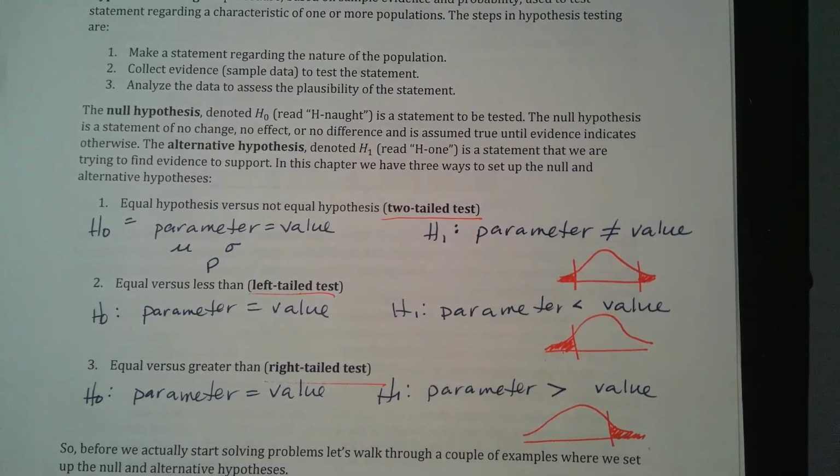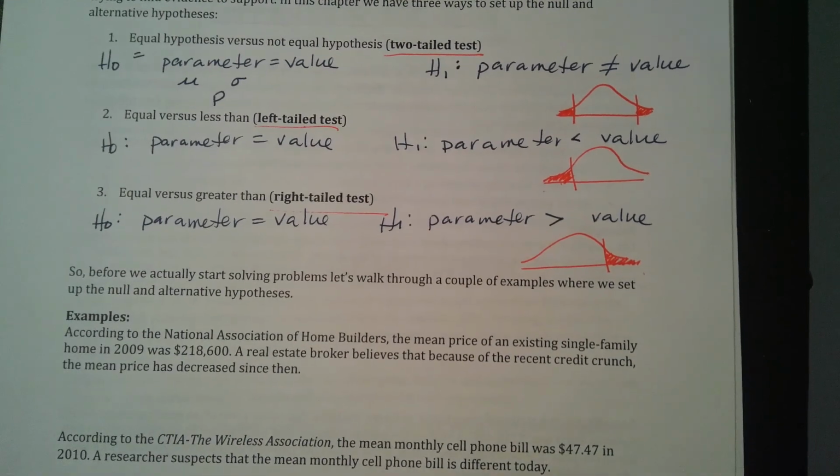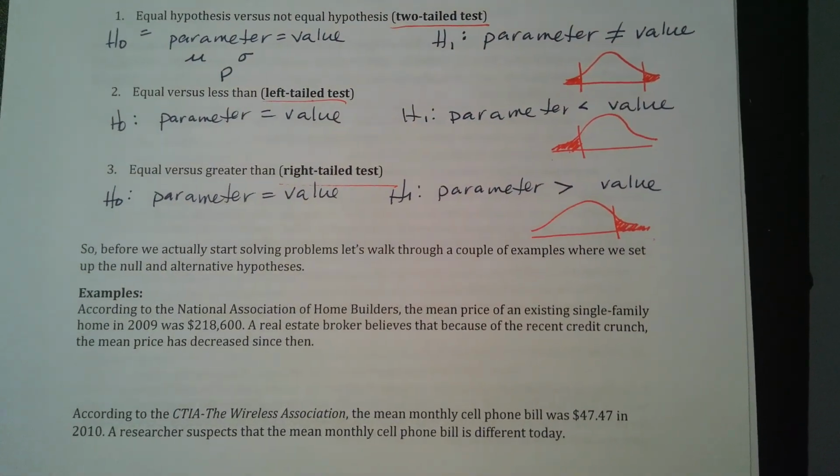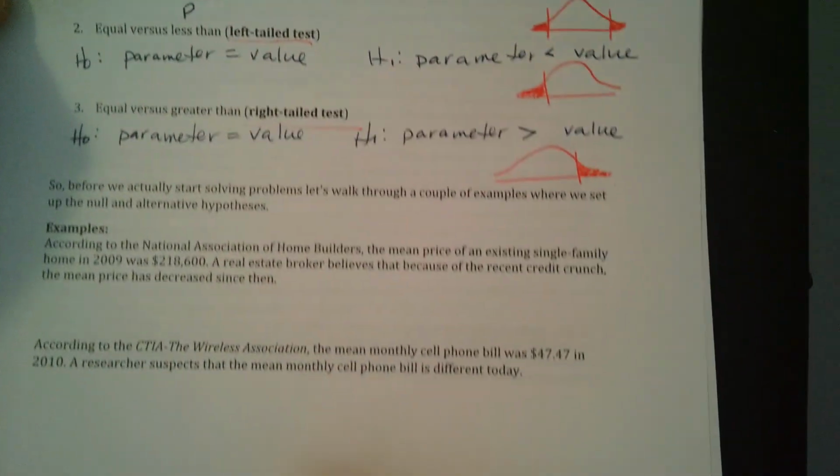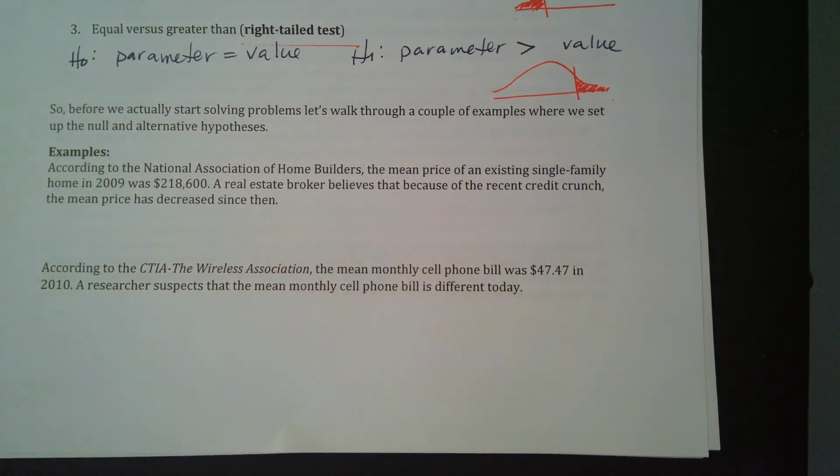So before we actually start solving problems, let's walk through a couple of suggested examples. According to the National Association of Home Builders, the mean price of an existing single-family home in 2009 was $218,600.